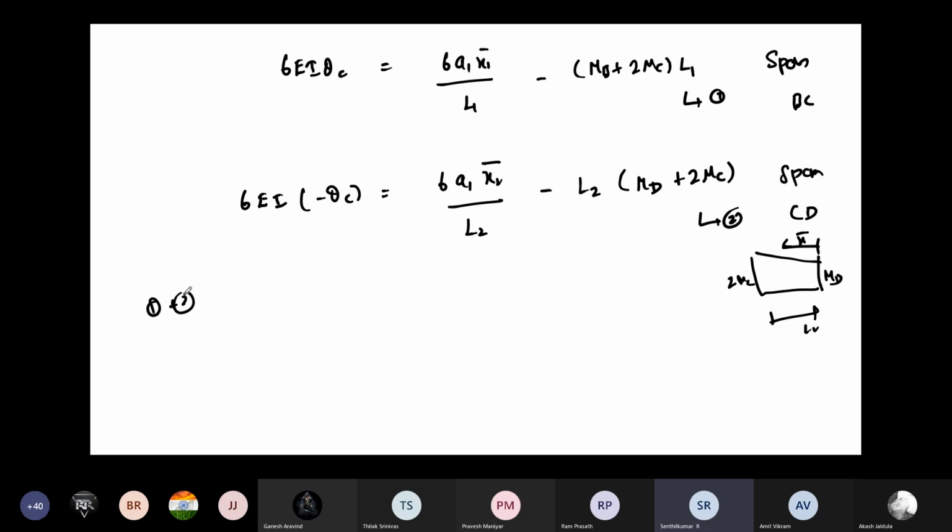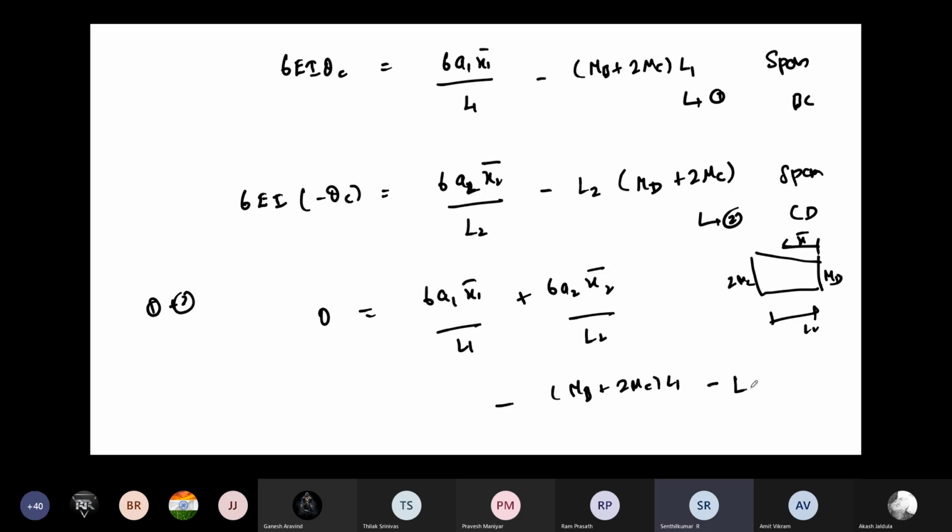So what will be your final value? When you are adding both equations, 6EI theta C will become 0. Then here 6A1 X1 bar by L1 plus 6A2, sorry, here A2, because the area of the second bending moment diagram, A2 X2 bar by L2, and minus, minus (MB plus 2MC) L1, again minus L2 of (MD plus 2MC).